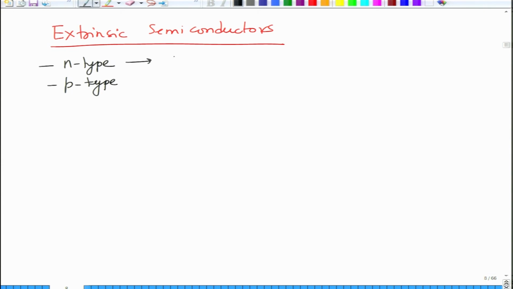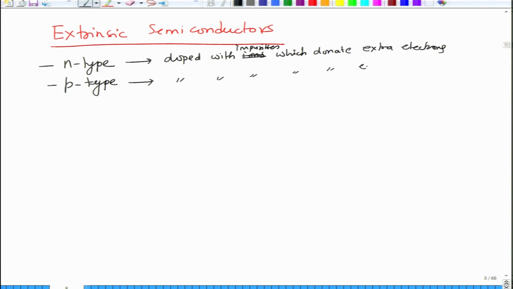N type is the one where you have doped with impurities, also called dopants, which donate extra electrons, and P type is doped with impurities which donate extra holes. So these electrons will go in conduction band and these holes will go in valence band.